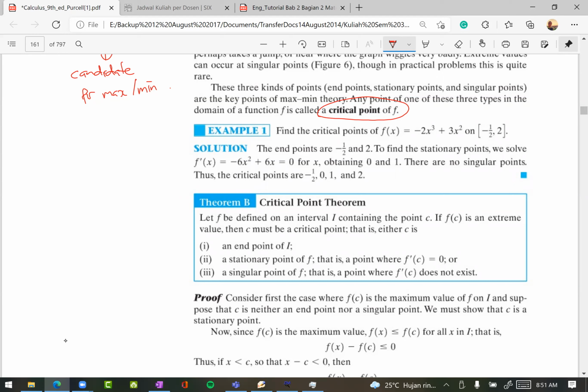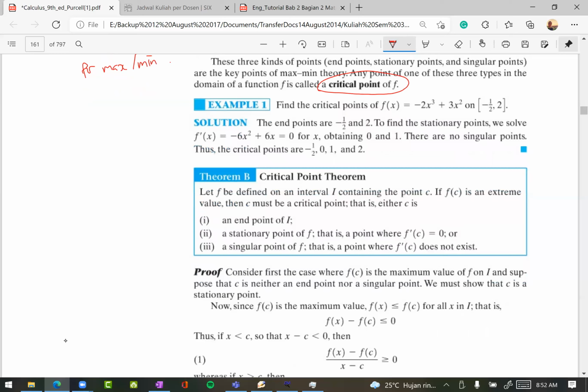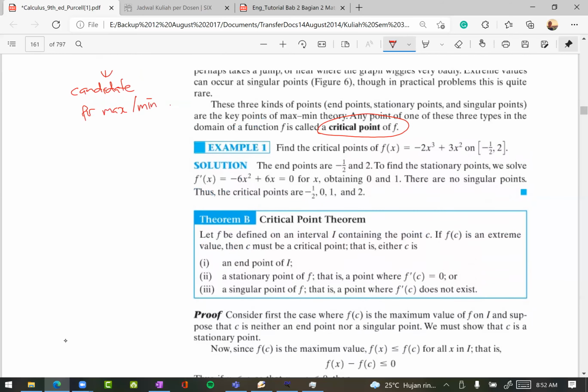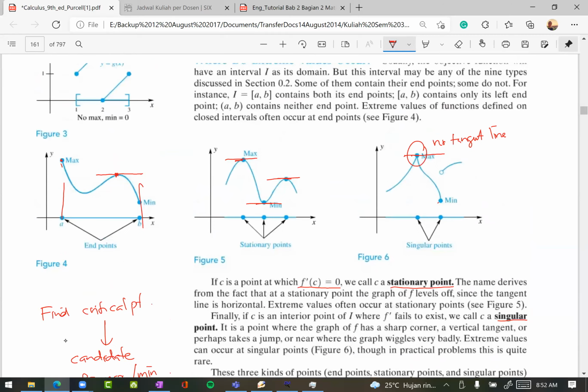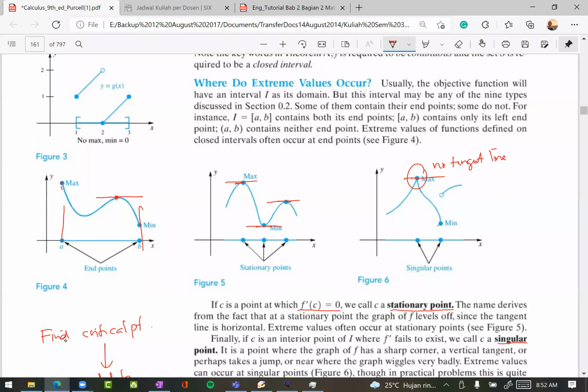Any more questions? Sir, I want to ask why figure 6 doesn't have a tangent line. Remember, a tangent exists where the function is differentiable, right? So the question is, what happens to the graph if it's not differentiable? Remember the three cases when it's not differentiable? First, not continuous.